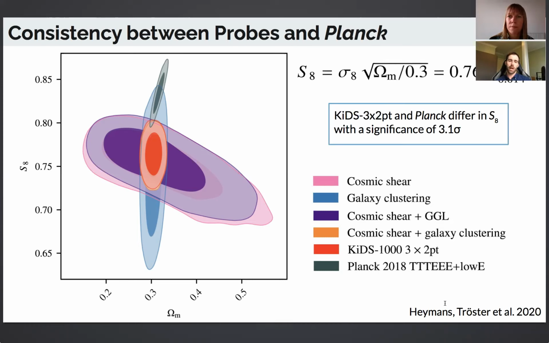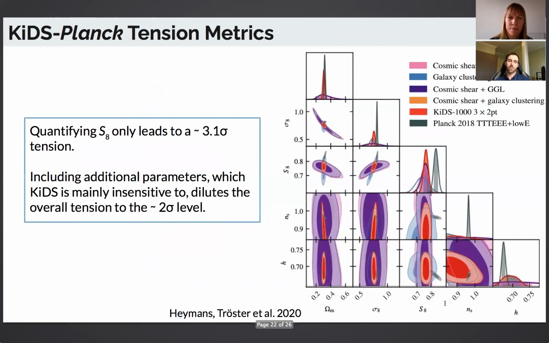Now you might ask, how far is the red contour away from the gray contour, which is the Planck CMB result? If you just care about S8, which is the parameter we set out to measure, then that tension is 3.1 sigma. And it's quite stable across various different tension metrics that you can come up with. Now, if you say, well, S8 isn't the only parameter that we're measuring, what is the difference in the distribution between Planck and our results if we take into account all the shared parameters?